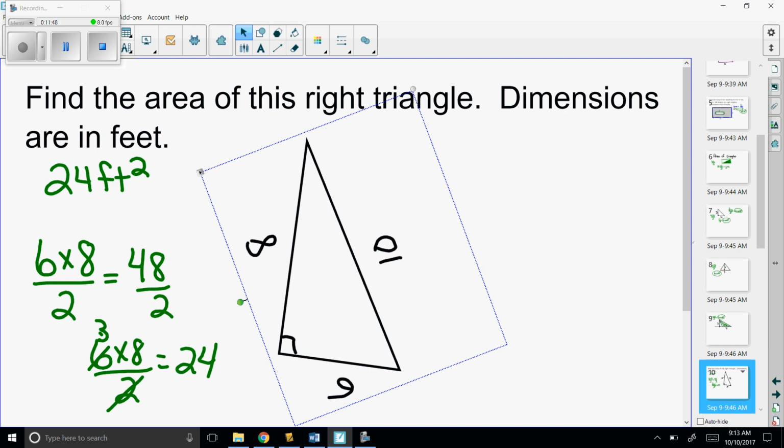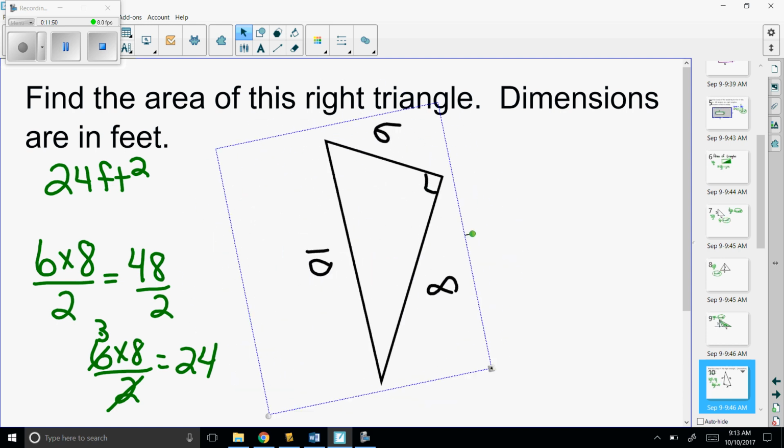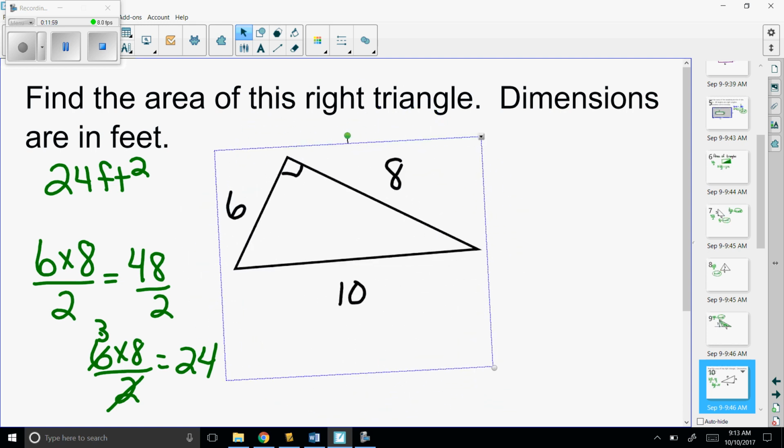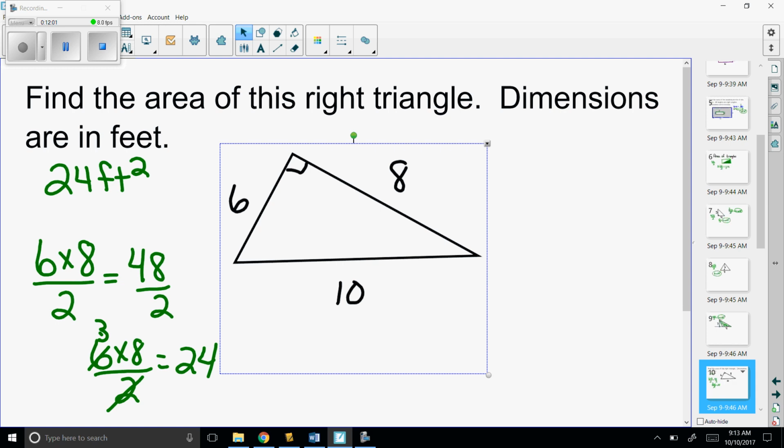You could rotate it the other way. You could find out that the base is 8, the height is 6, but you are still working with a right triangle. It's just positioned differently. Look for that perpendicular distance to help you find base and height.